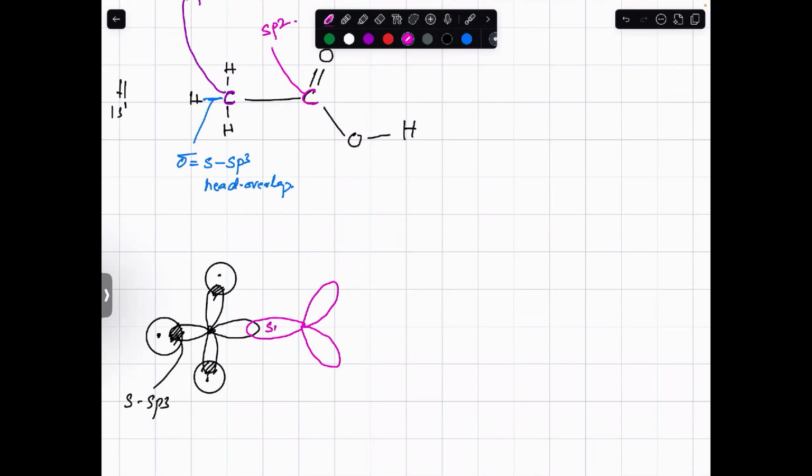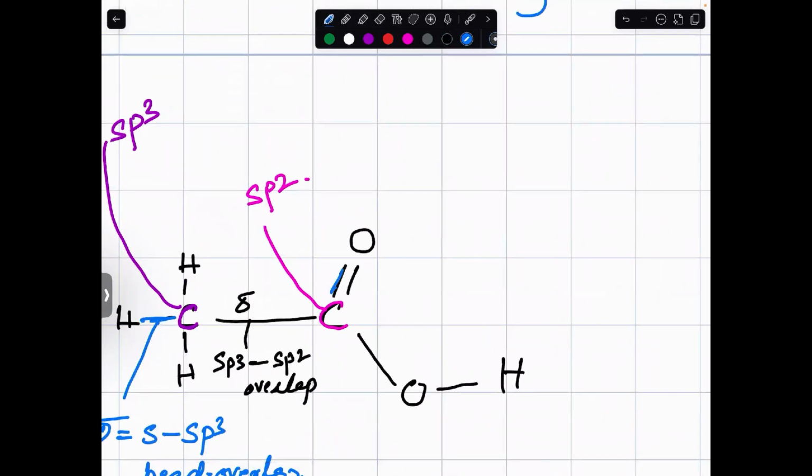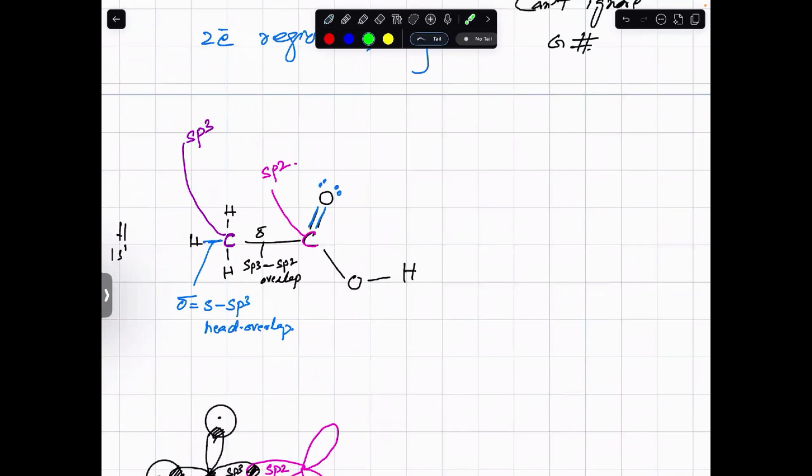So this sigma is made by sp2 and sp3 head-on overlap, right? What about the oxygen? Oxygen is group 6. If this is 6, how many regions? 1 region, 2 regions, 3 regions, so sp2.